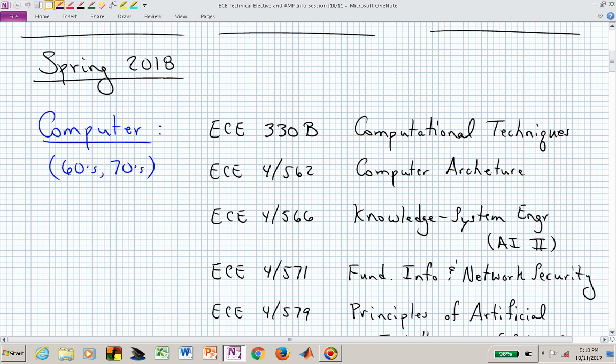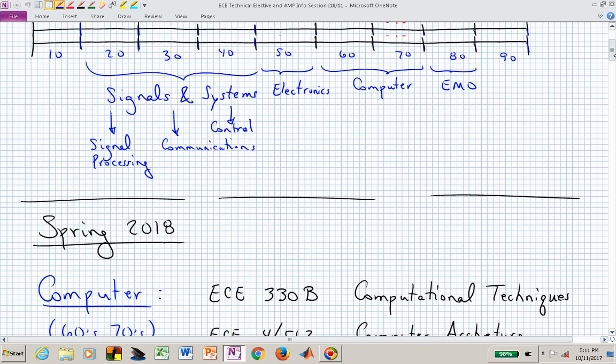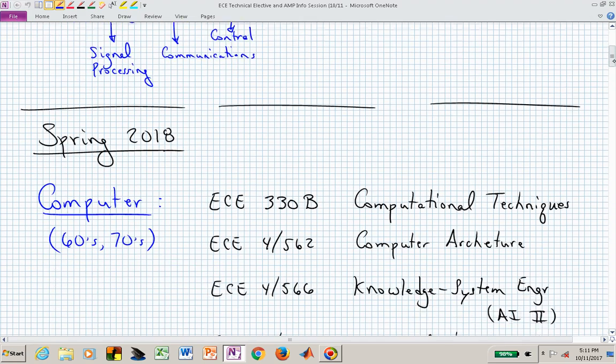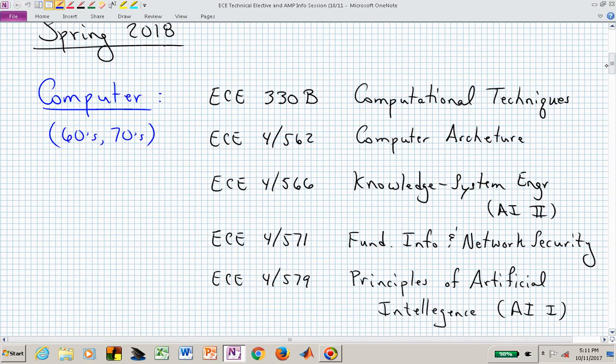But if you're trying to identify something, if you slide back and you say, oh, I really liked this class and it was a computer class, then you might say, oh, maybe I want to take some more technical electives in that area. The other caveat to that, or the counterpoint, is, oh, I didn't really like that class. Well, give it a chance. Maybe something that's in that same area you might really like. So don't necessarily throw something out if you don't think that it's appropriate.